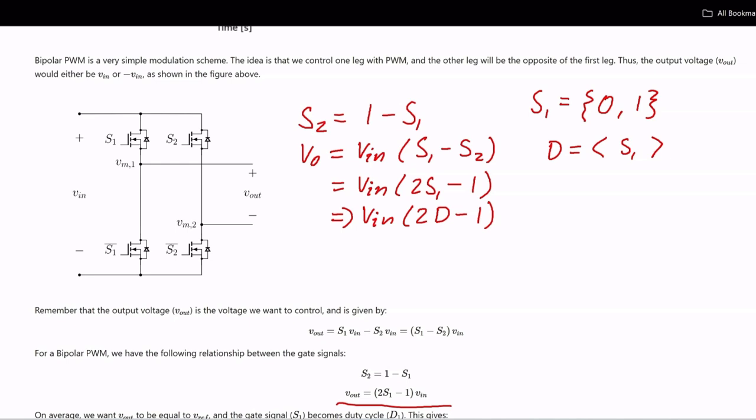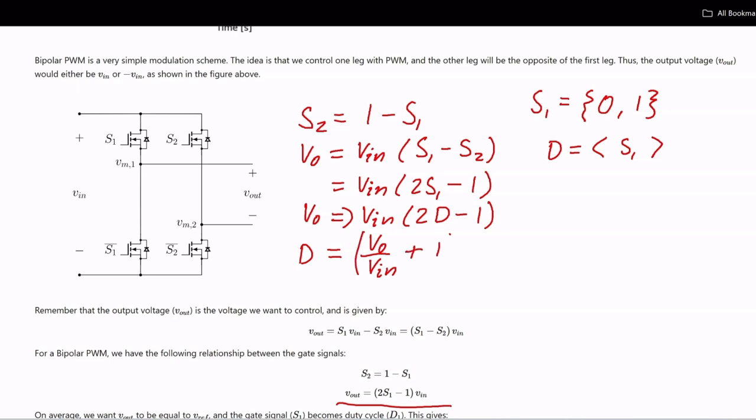And now if we actually have a desired output voltage, we can solve for the duty cycle. So we have this equal to V out, and then we can divide by Vn. And then we move over the 1, so it's plus 1.